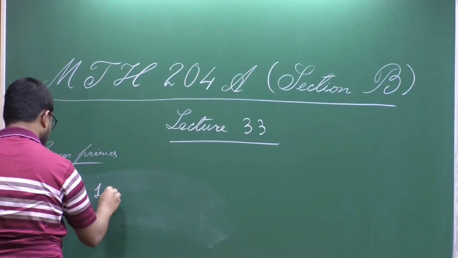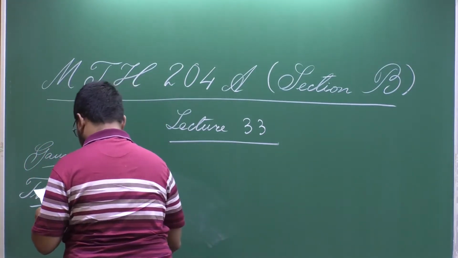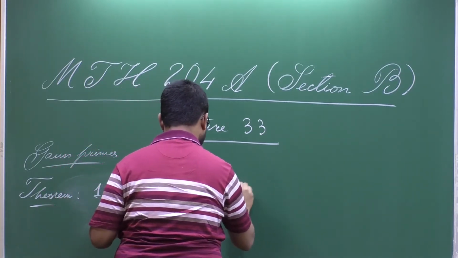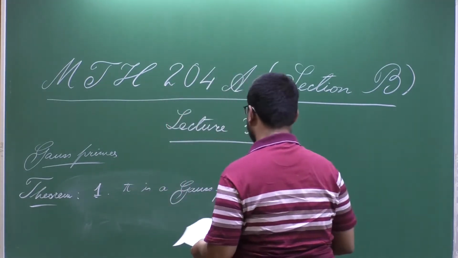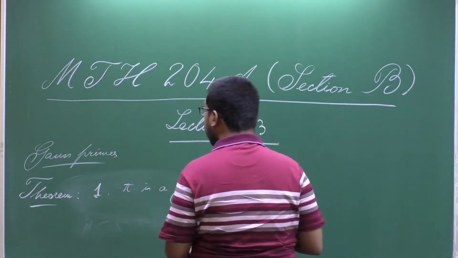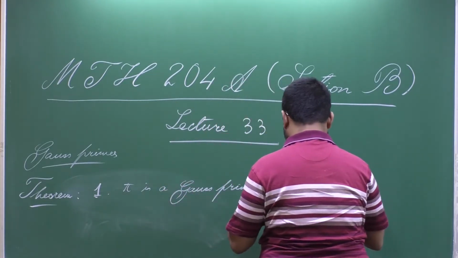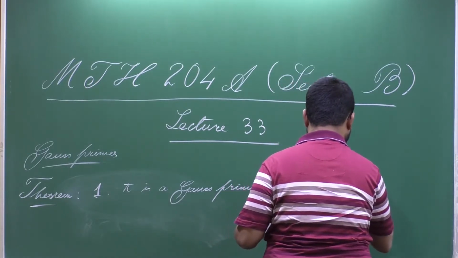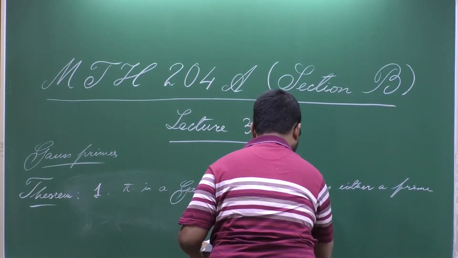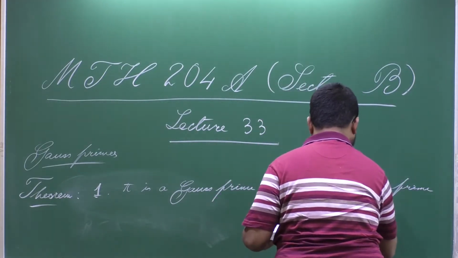First of all, if π is a Gauss prime (don't confuse this with your known pi, which stands for the ratio of circumference and diameter), then π times π conjugate is either a prime integer or the square of a prime integer.